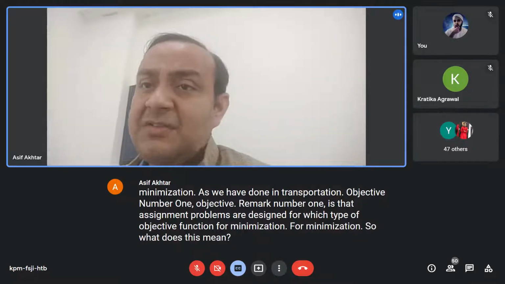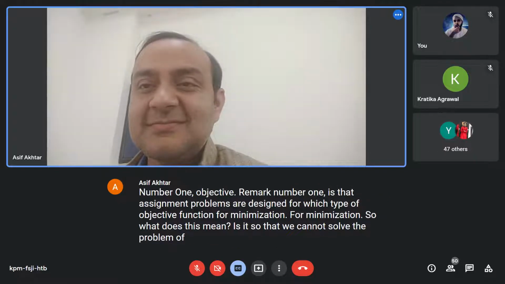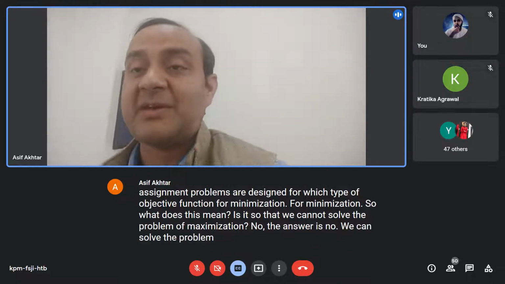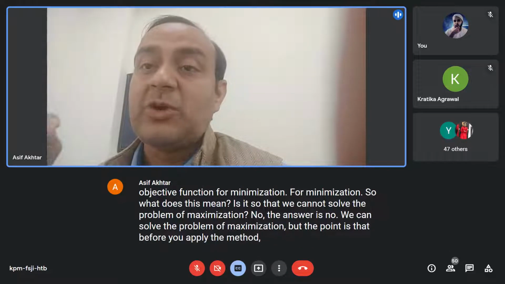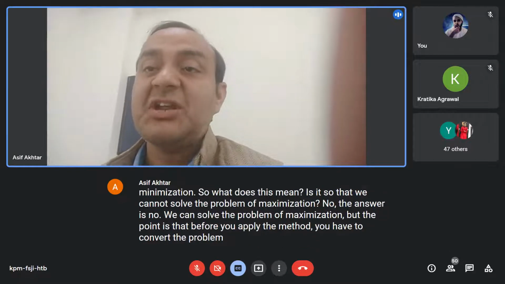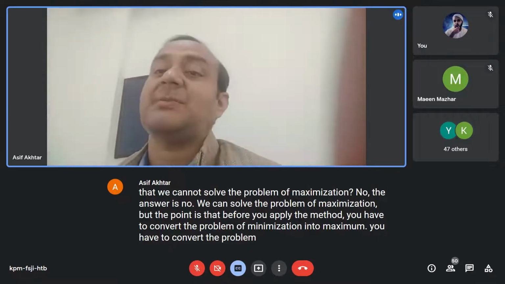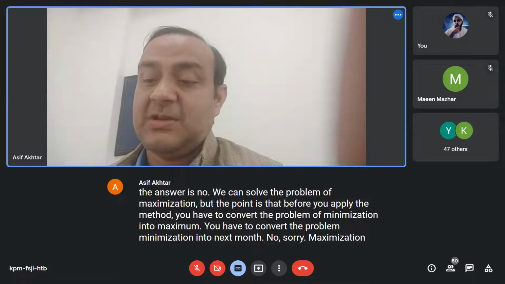So what does this mean? Is it so that we cannot solve the problem of maximization? No, the answer is no. We can solve the problem of maximization, but the point is that before you apply the method, you have to convert the problem of maximization into minimization.